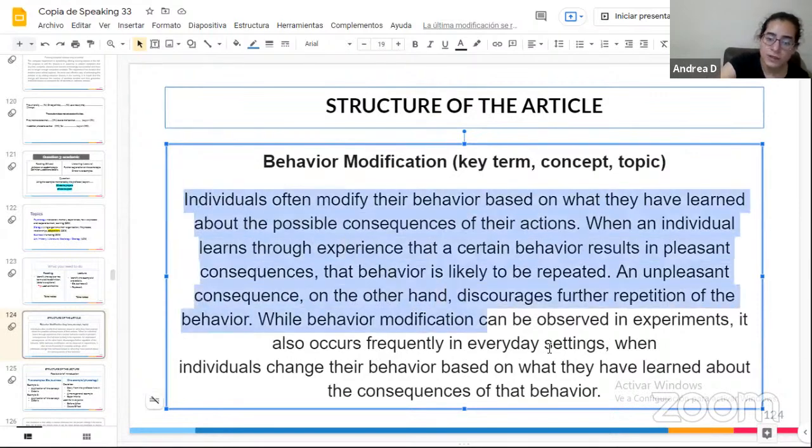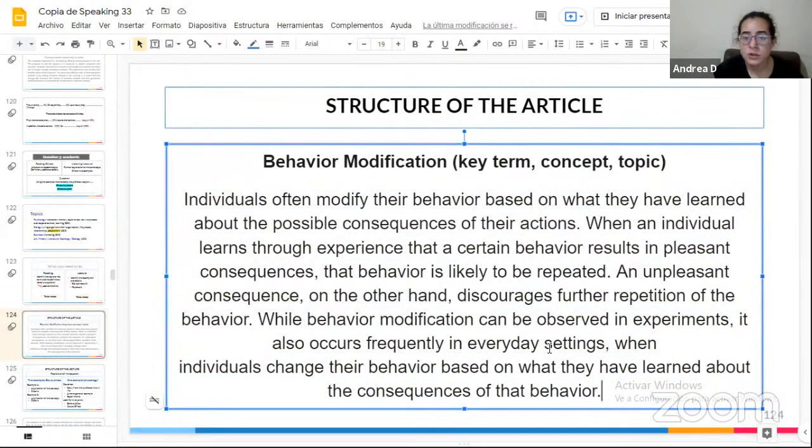And then you have to read this text, which is gonna be a short introduction to this topic, to this concept. Now, I wanna be real clear on this. The only thing that you guys need to focus on when you're doing this, the only thing that you care about, that you wanna find, is the definition of this concept. So you need to find what behavior modification is, or whatever the title and the concept is.